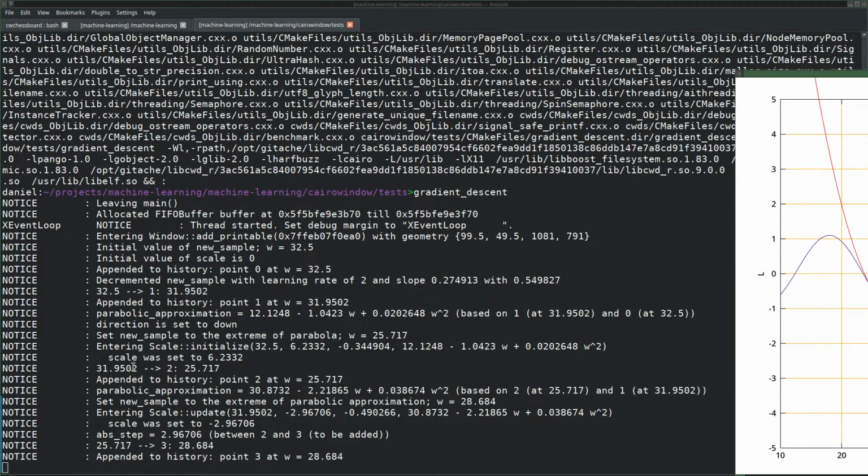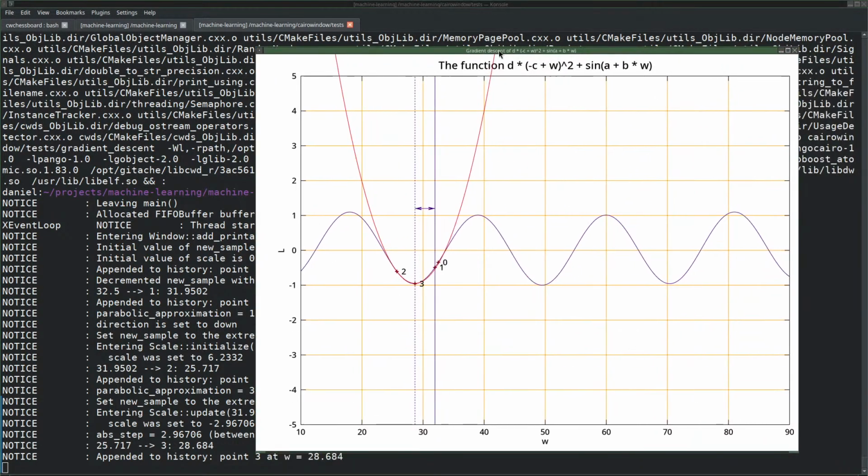See, the last approximation was based on 1 and 2. So this parabola is based on 1 and 2, and then we find 3 with that.